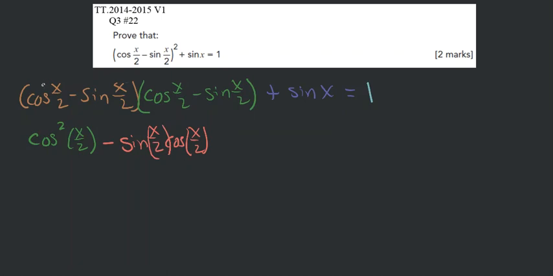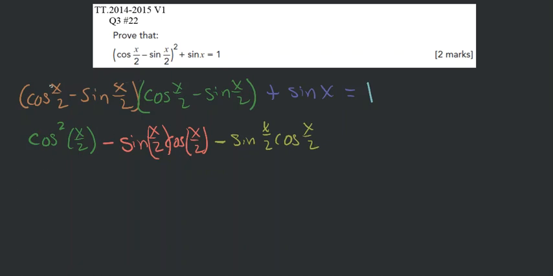And so the first one was cosine times cosine. Then we had cosine times sine. And now we're going to have sine times cosine, and that's going to be a negative there. So we're going to have another one of these, minus sine of x over 2, cosine of x over 2.